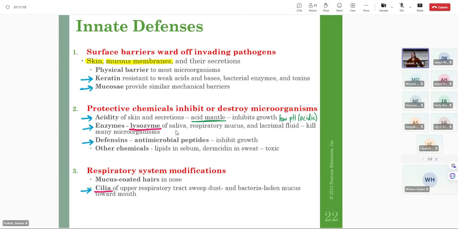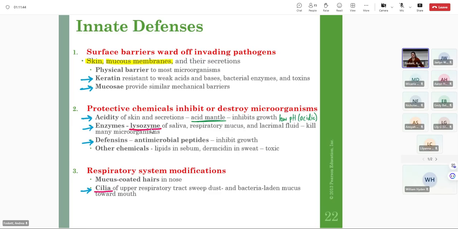Okay, then you have a lot of different secretions and chemicals related to those secretions. Like I said, the pH of a lot of skin secretions is mostly acidic. This is called the acid mantle. This is not so hospitable for growth, proliferation, or multiplication of different pathogens like bacteria, right? You have different enzymes, like saliva has something called lysozyme.